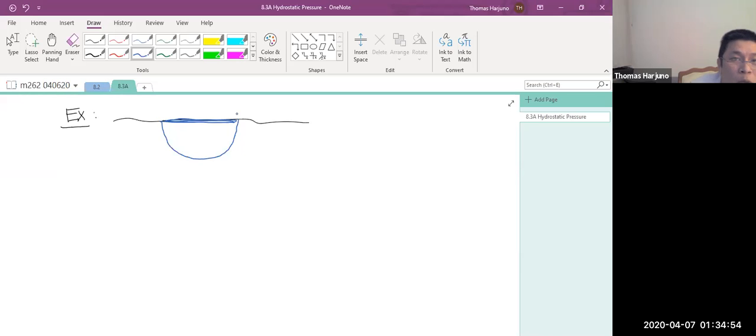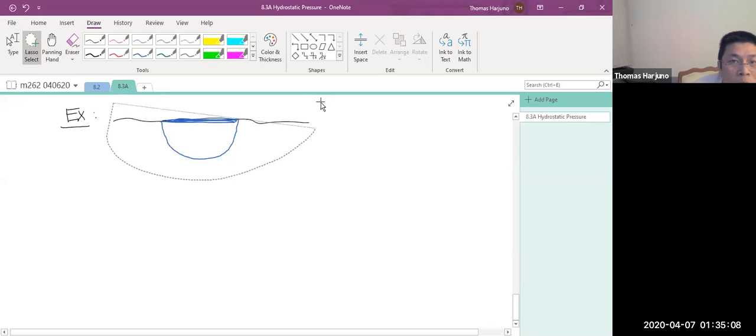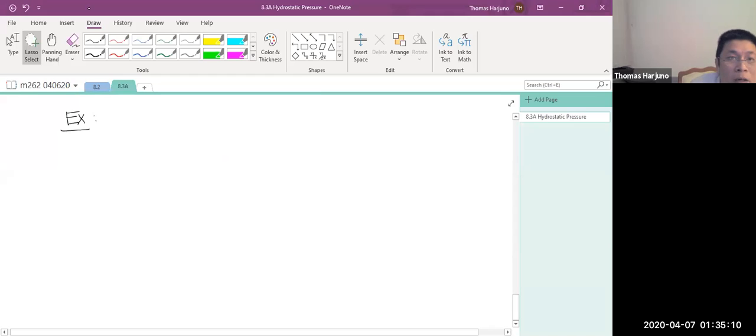Okay, now that's what we have earlier, in which the diameter of that semicircle happens to be right at the surface of the water. Now I will change the situation. This time I have, let's say, the water here, but I submerge the plate 1 meter deeper.